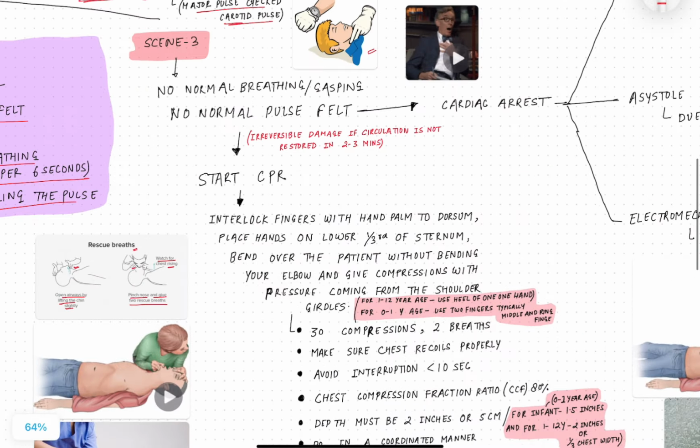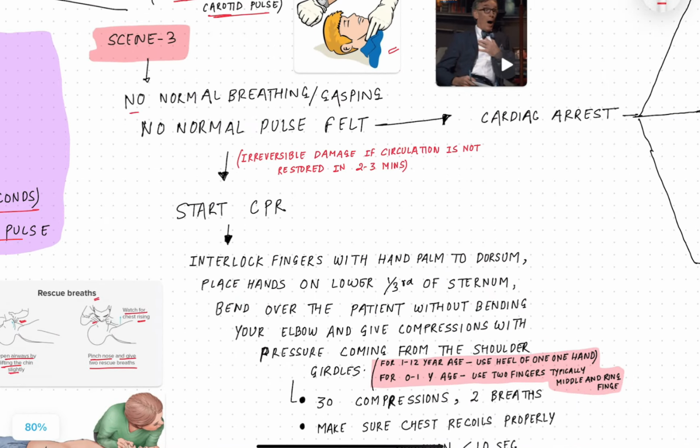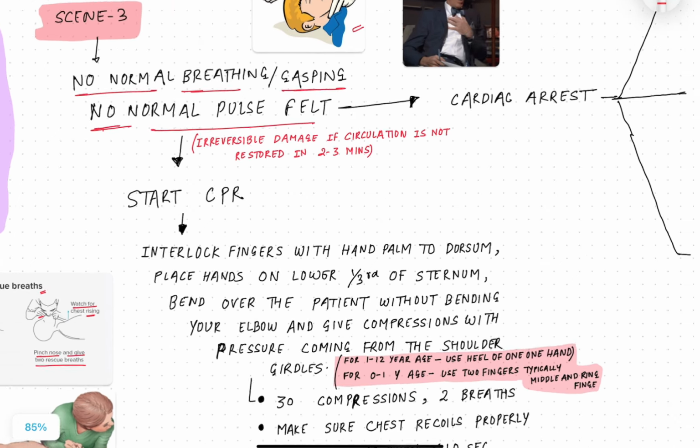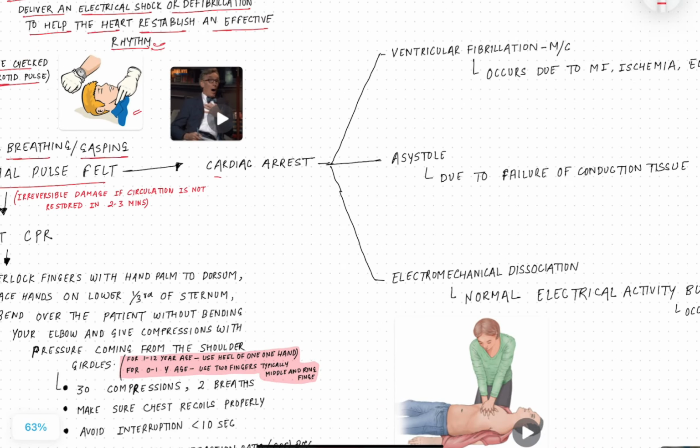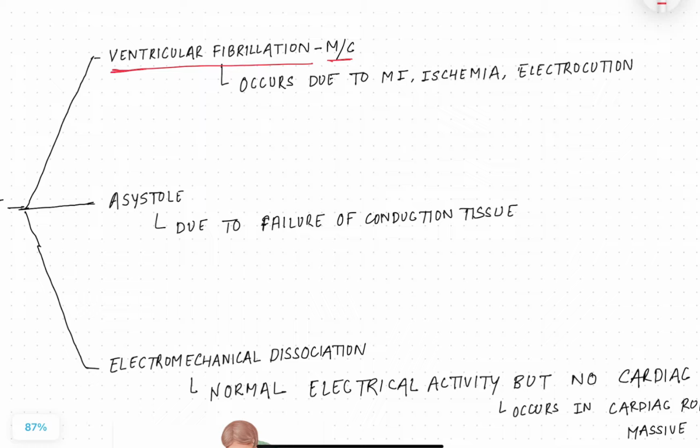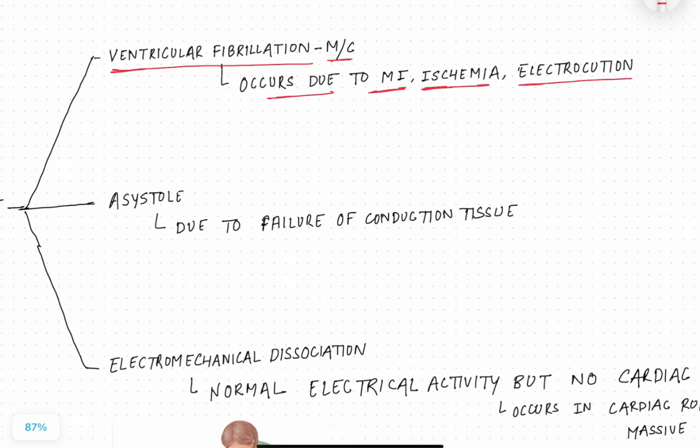Scenario 3 is no normal breathing or gasping, and no normal pulse felt. It may be due to cardiac arrest. Ventricular fibrillation is the most common cause of cardiac arrest, occurring due to myocardial ischemia, myocardial infarction, or electrocution.